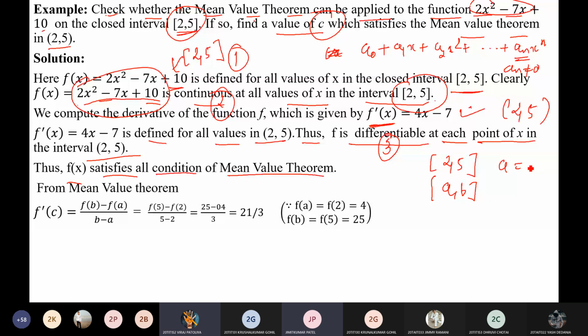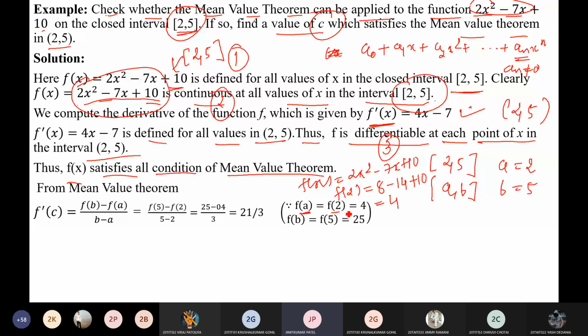If you find f of a, that means f of 2, how did 4 come? You have f of x is equal to x square minus 7x plus 10, so if you replace 2 in place of x, we have 2 into 4, so 8 minus 14 plus 10. What is my answer? 4. So f of 2 is equal to 4.